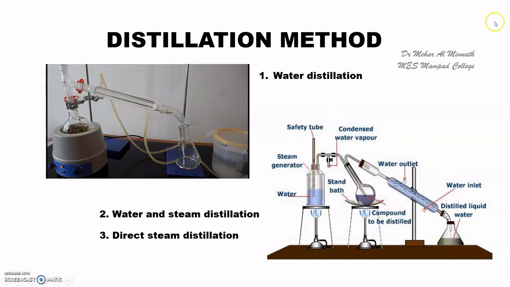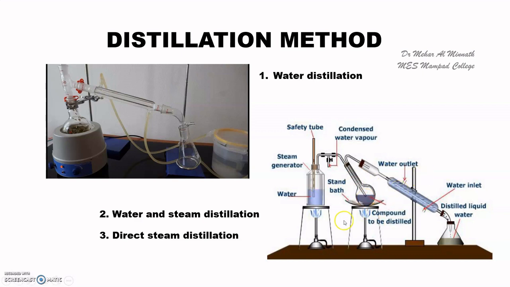Now, coming to the direct steam distillation, the method is almost the same. Remember, you don't immerse the plant material in water. We take the plant material either in the dry form or as such. So you don't immerse the plant material in water, and then pass steam directly to the plant material.